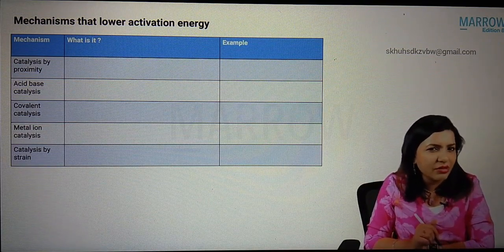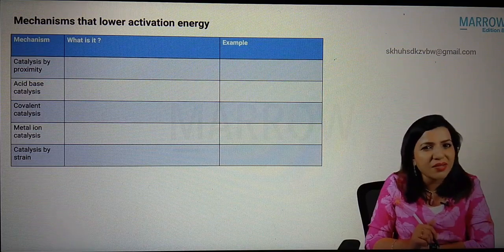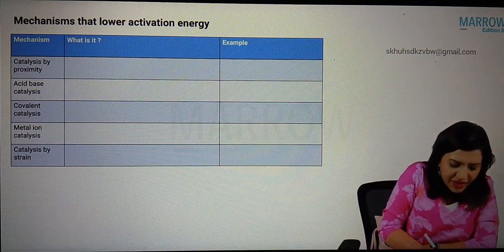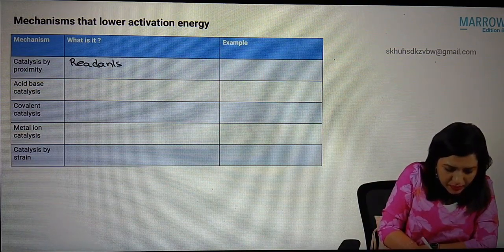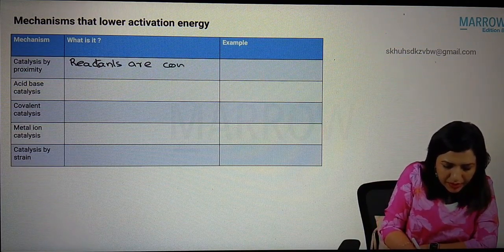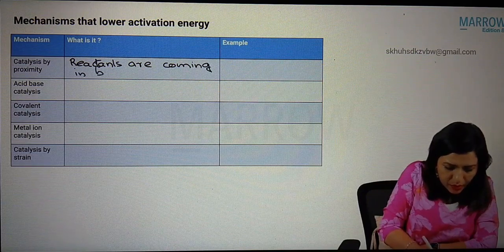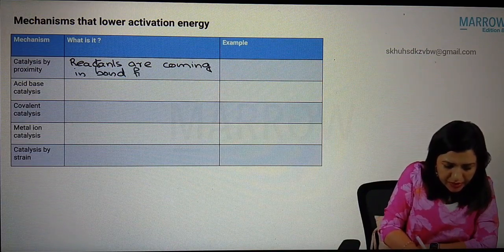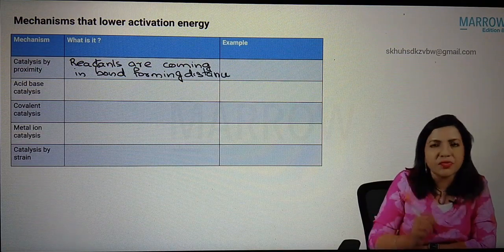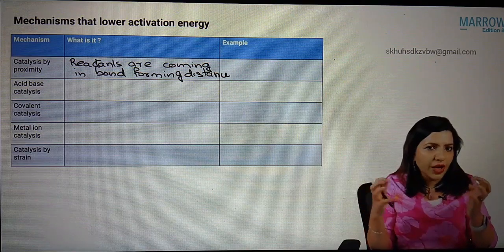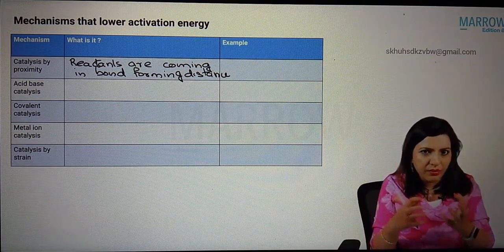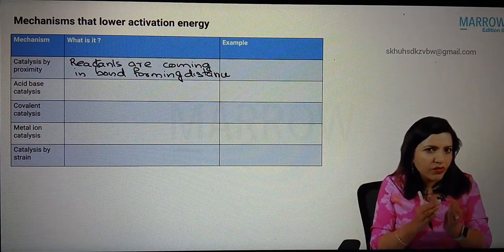Is that word telling you something? Catalysis by proximity. It says that when the reactants come in bond forming distance, then the reaction will take place. That is called catalysis. So enzymes are actually favoring the reactants to come in the bond forming distance.